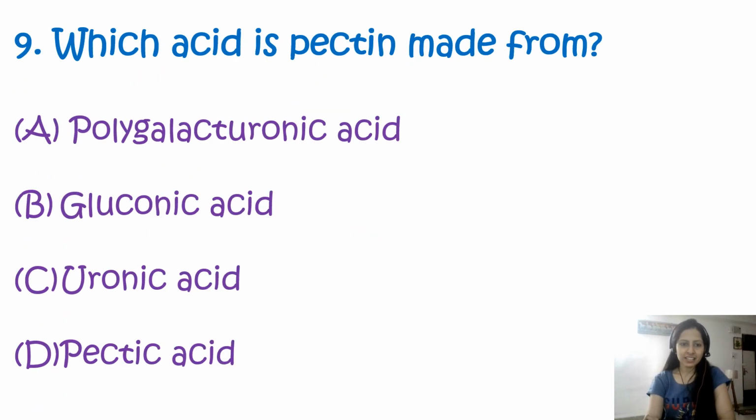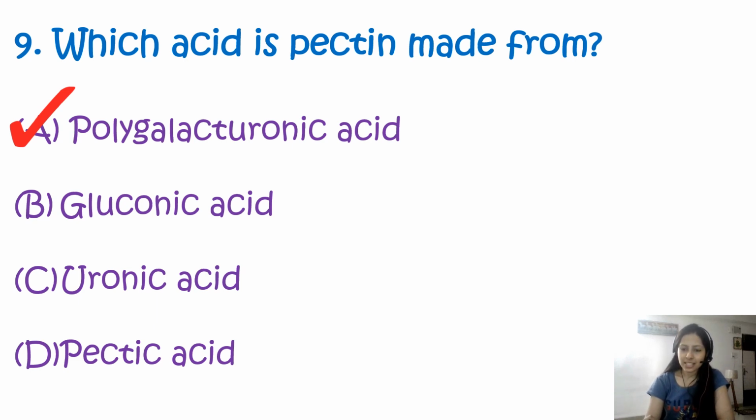Next, question number 9. Which acid is pectin made from? So options are polygalacturonic acids, gluconic acids, uronic acids or pectic acids. So over here my correct option will be A, that is polygalacturonic acid. Pectin is made from polygalacturonic acids.